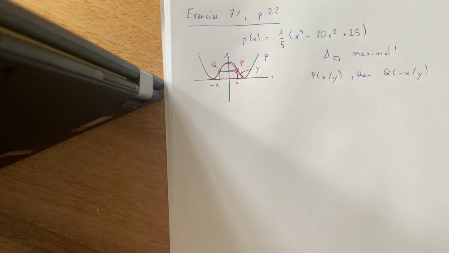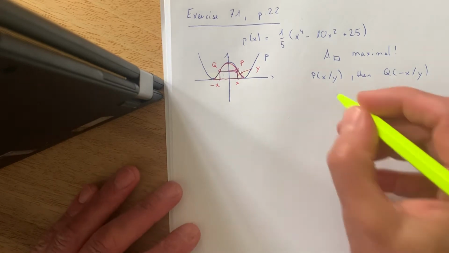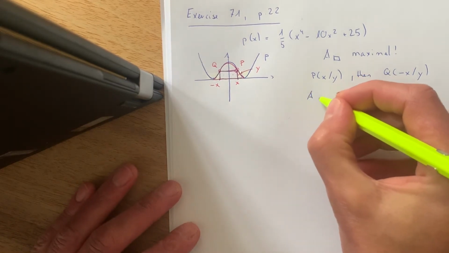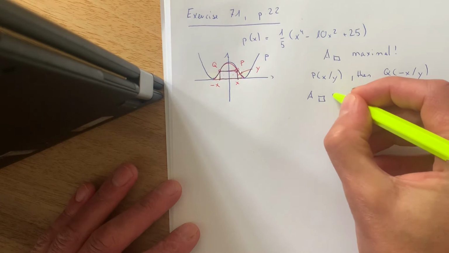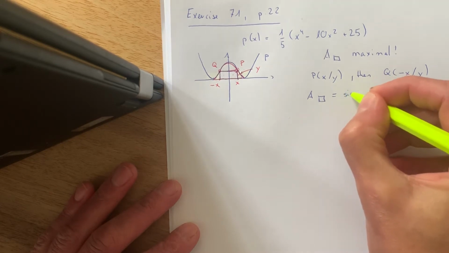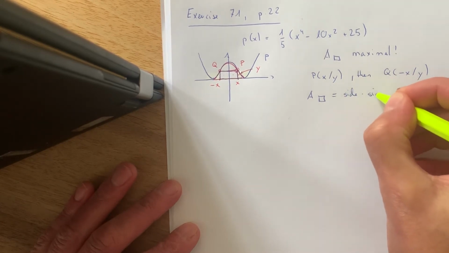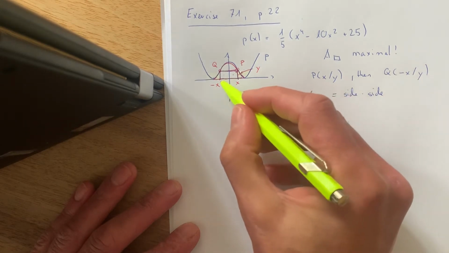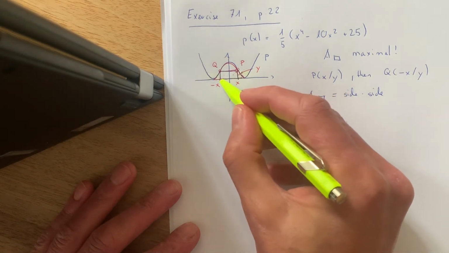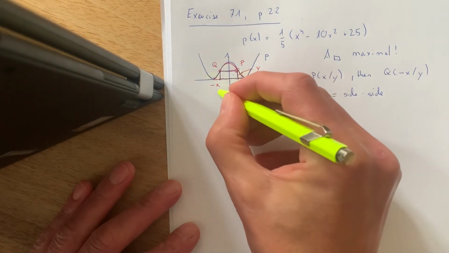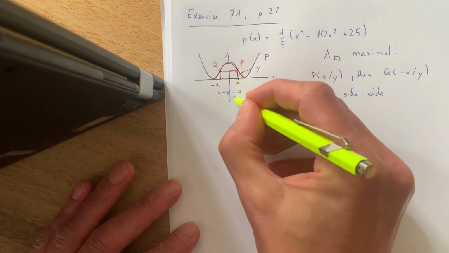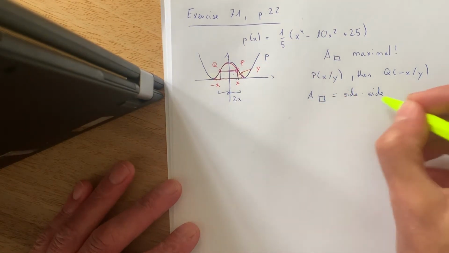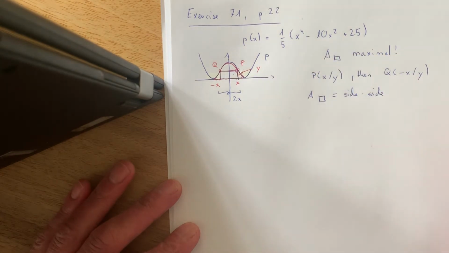So what can we do with the area? The area of the rectangle is side times side. If we consider this rectangle here, the total side here has length 2 times x, and the other side, of course, is y.